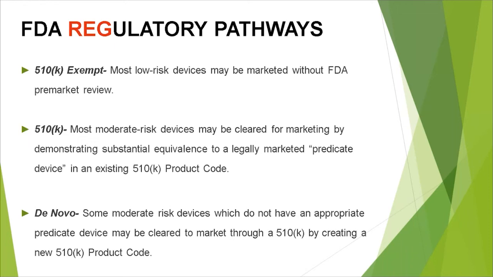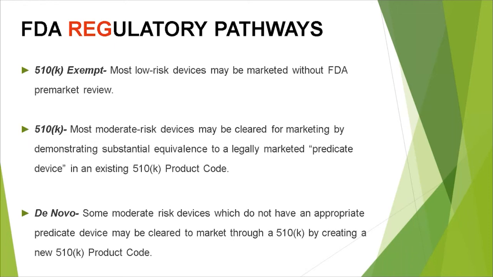510K is the most common regulatory pathway in the US. It includes most of the moderate risk devices which are cleared for marketing. So FDA is not actually approving the safety and efficacy of these devices, they're just clearing it.